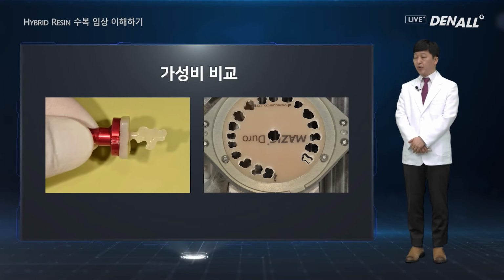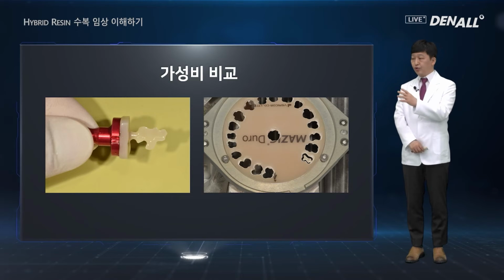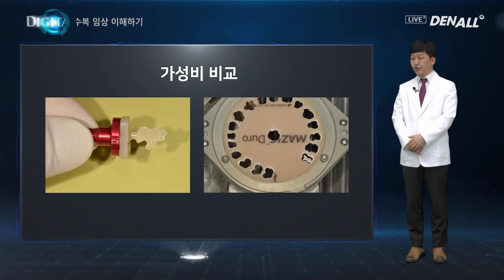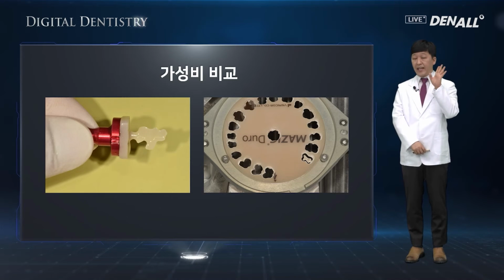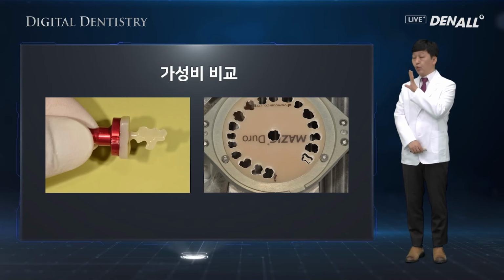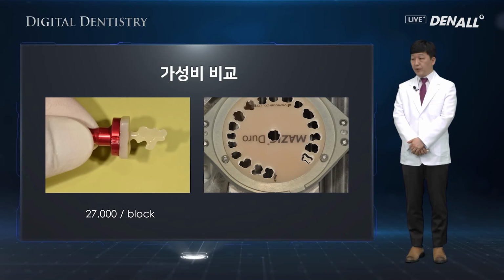Let's look at cost efficiency. On the left is a block that you can use only once, and on the right you use a disc and fabricate dozens of inlays. On the right, you use a 4-axis milling machine. On the left is a 5-axis milling machine.